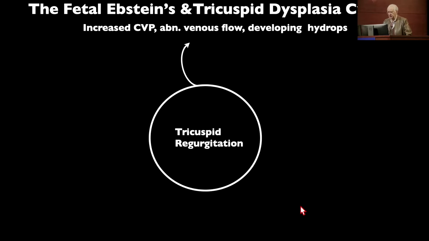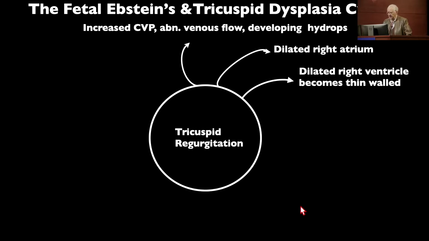So this is a cycle of physiological development. Increased central venous pressure and venous flow and development of hydrops occurs. The right atrium is dilated. The right ventricle becomes dilated and thin-walled.